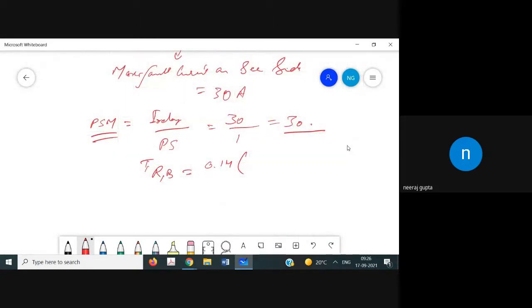So TMS that we have chosen is 0.1 divided by PSM, which is 30, to the power 0.02 minus 1. So we have 0.19. It is approximately, you can assume, 0.2 second.